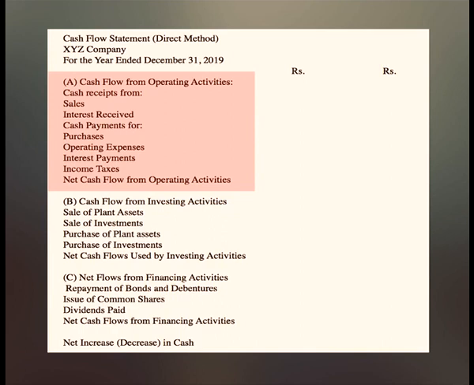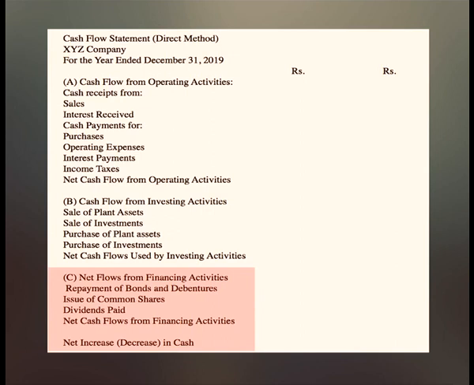Under cash flow from operating activities, we have cash receipts from sales, interest received, cash payments for purchases, operating expenses, interest payments, income taxes, net cash flow from operating activities. Then we have cash flow from investing activities, which includes sale of plant assets, sale of investments, purchase of plant assets, purchase of investments. Then we have net cash flows used by investing activities.